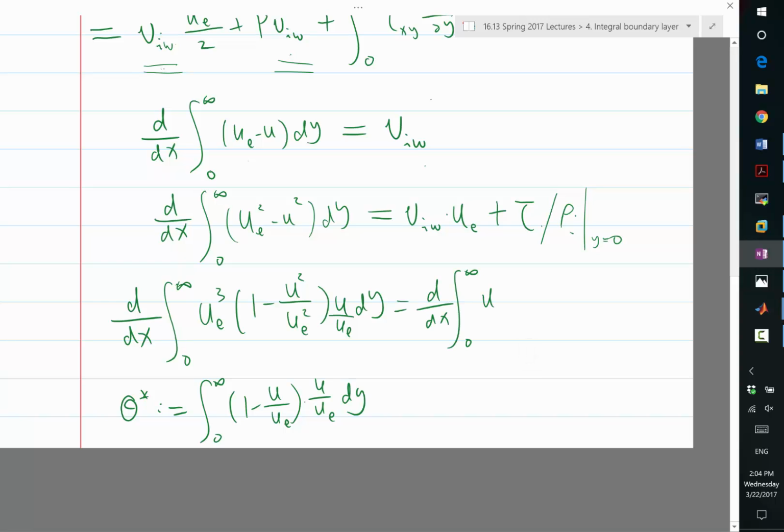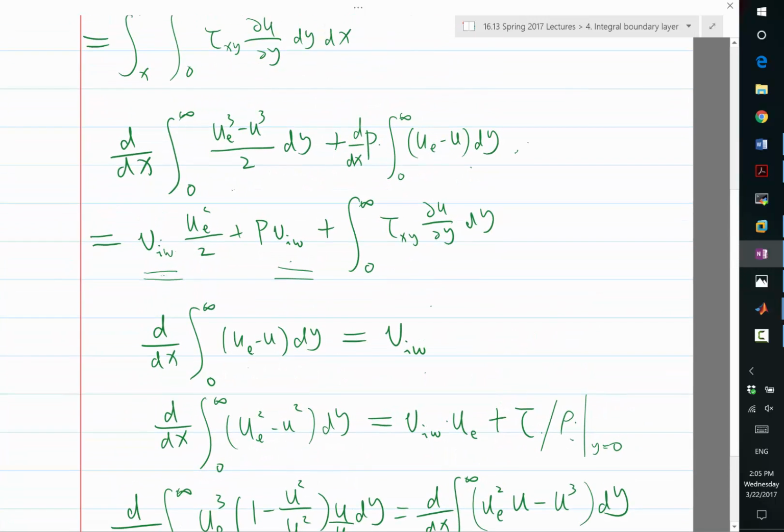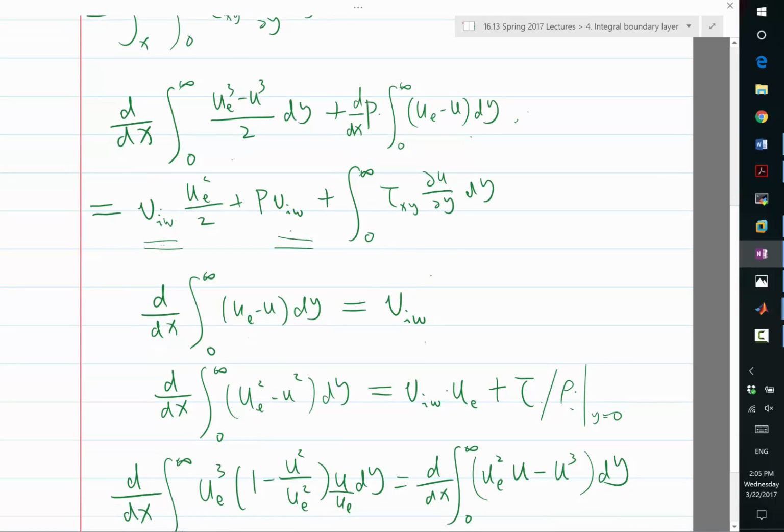If you write this out, it's a square, right? So if you multiply that out, it's actually not ue cube, because one of the ue actually cancels here. You have ue square times u minus u to the cube, right? So this is the equation we are trying to derive, and what we have already is the d/dx of ue to the cube minus u to the cube.